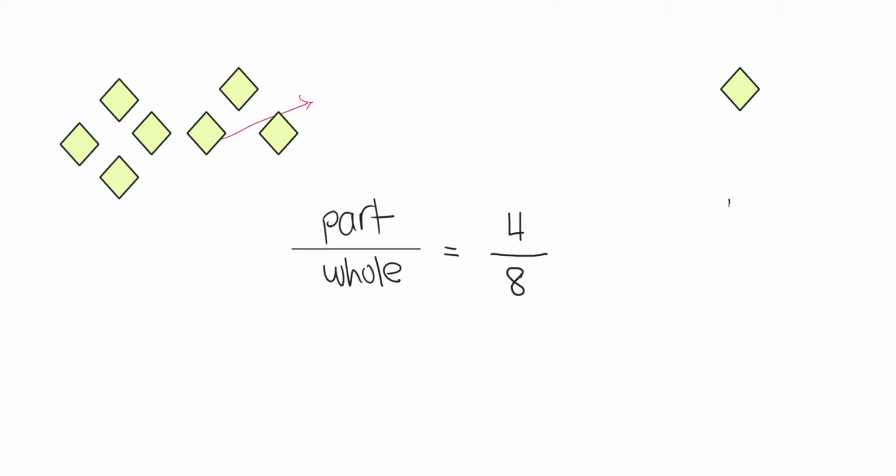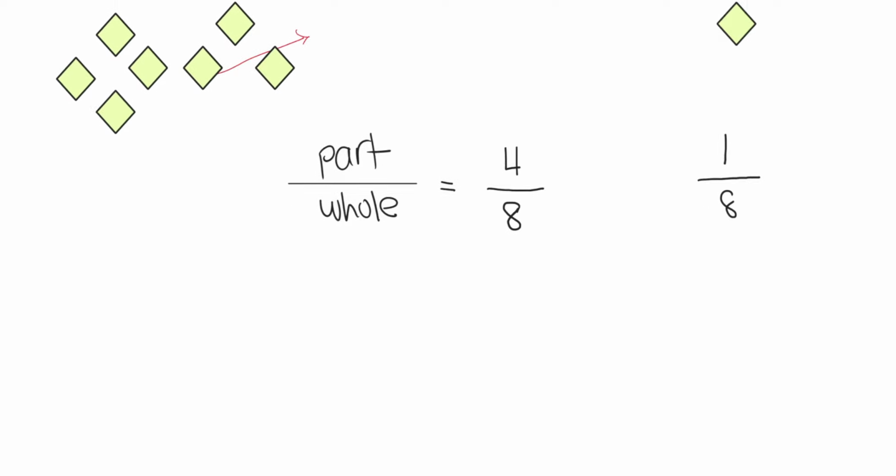You got one part, and what was the whole? The whole was 8 parts. So here you got one part out of 8 parts. So 8 represents the whole but in equally divided parts. Make sense?